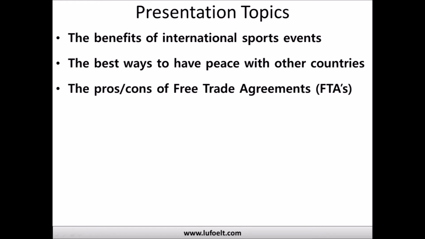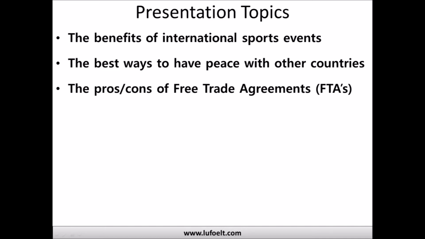All right, and the pros and cons of free trade agreements, also known as FTAs. So free trade agreements, if you don't know what they are, it's basically agreements between two or more countries, economic agreement about trading goods and sometimes also even services between their countries.